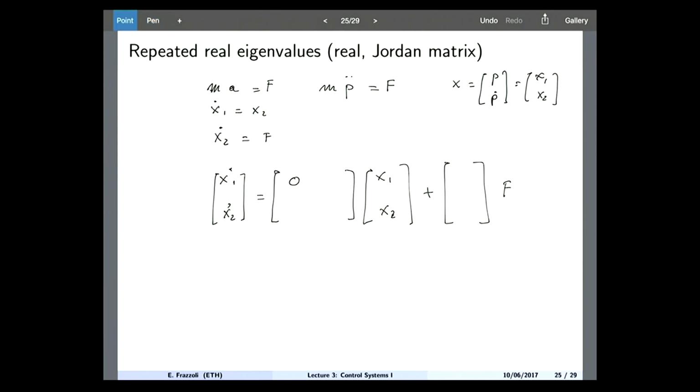What is the number here? 1. What is the number here? 0. Okay. What is the number here? x2 dot is just equal to f, right? So this will be a 0, this will be a 0, and this will be a 1. Okay?